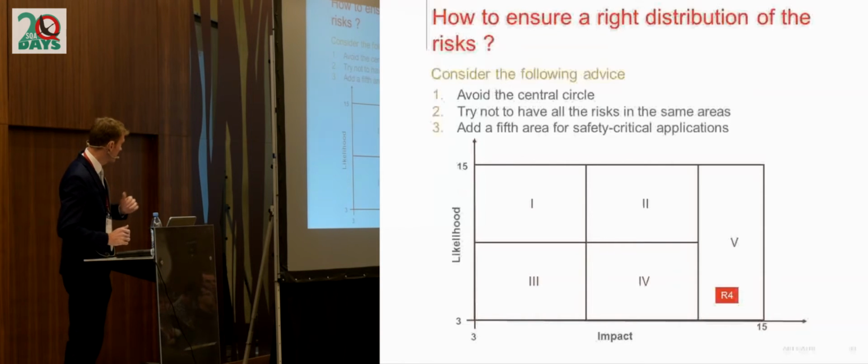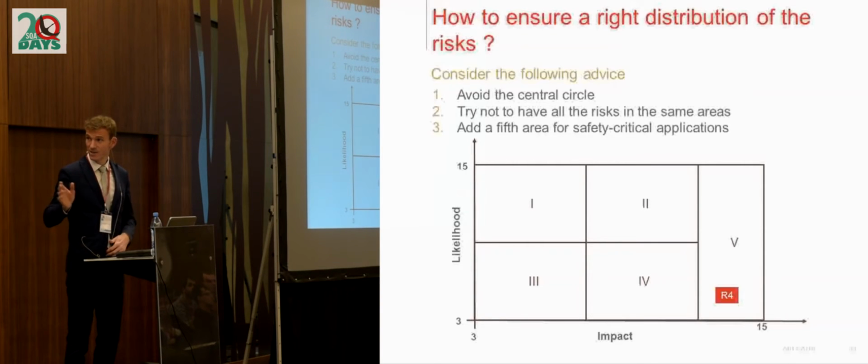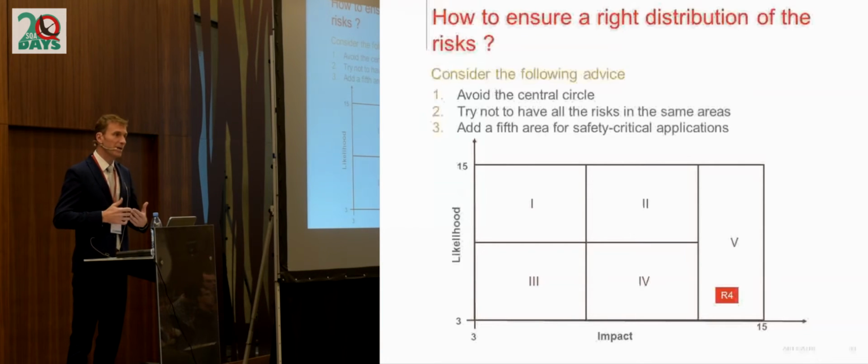Very high impact, but very low likelihood. So the advice coming from the method PRISMA is to consider that when you have a risk with a very high impact, you will work on this risk. You will put the maximum effort on this risk, even if the likelihood is very low.